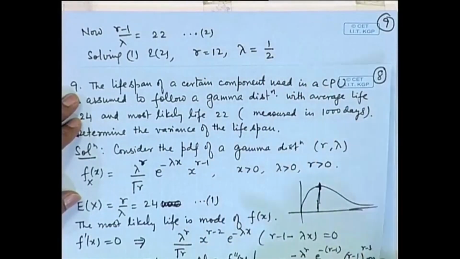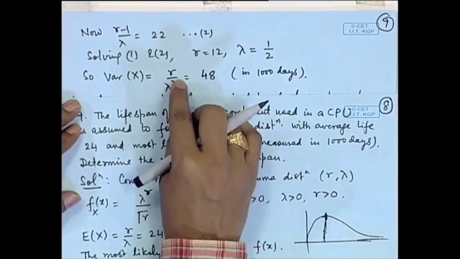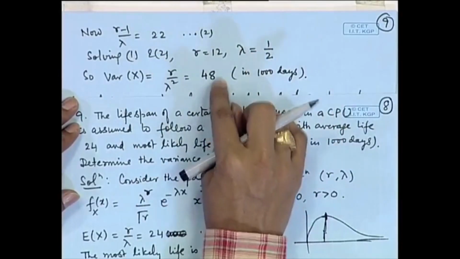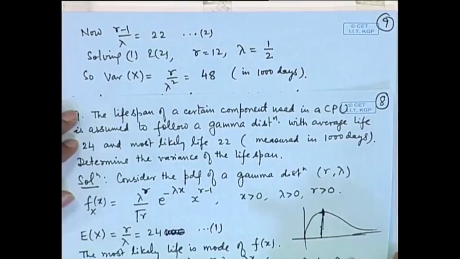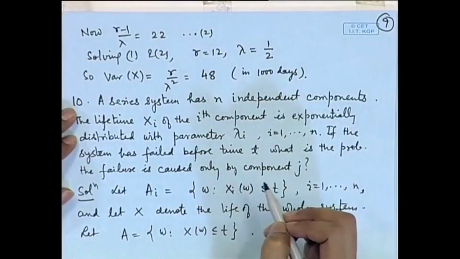Now, if we want the variance of this lifespan, the variance of a gamma distribution is r by lambda square. After substitution it becomes 48 in 1000, so 48,000 days, that is in squared units. So, we will stop here.